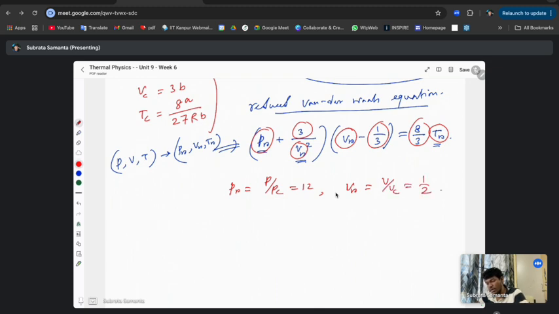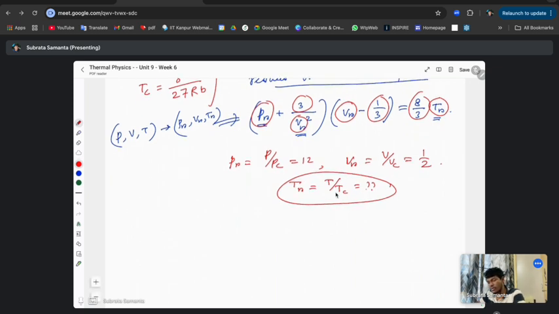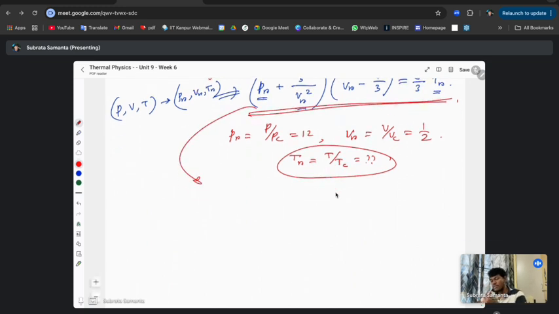So you have to calculate TR, T over Tc, using this equation. Plug in the values of PR and VR and you can calculate TR.